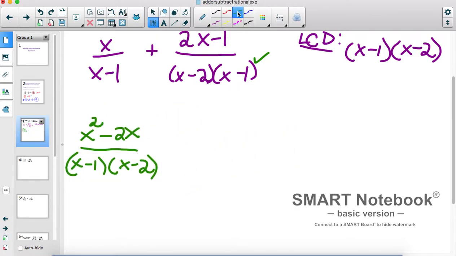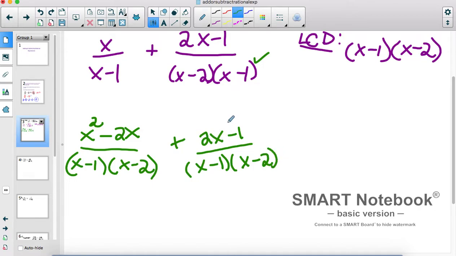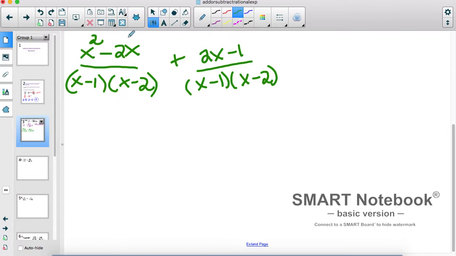And then I'm going to add this fraction, which was my original problem, x minus 1, x minus 2. Nice. So now, if you notice, these two fractions have the same denominator, so I can go ahead and add my top and keep my denominator the same. Remember, when you're adding fractions, you keep your denominator.